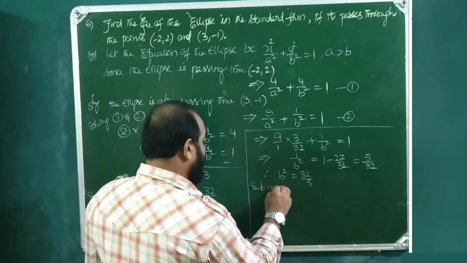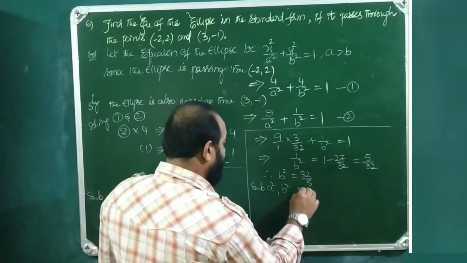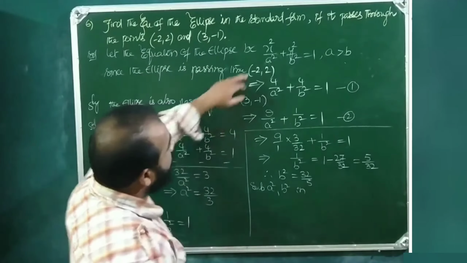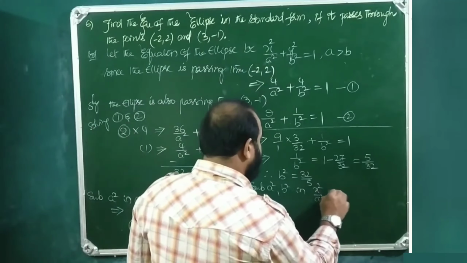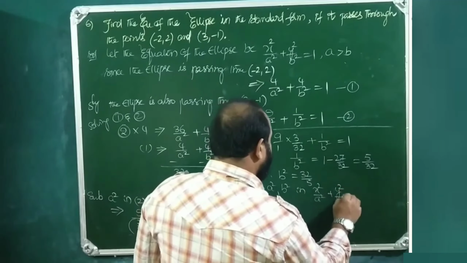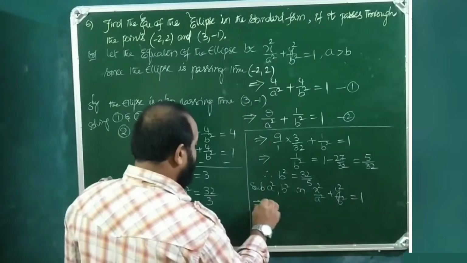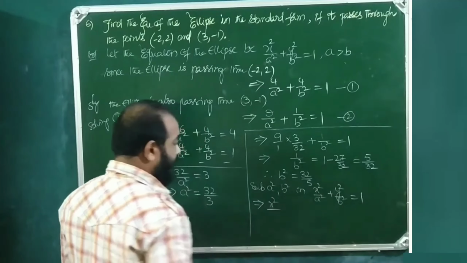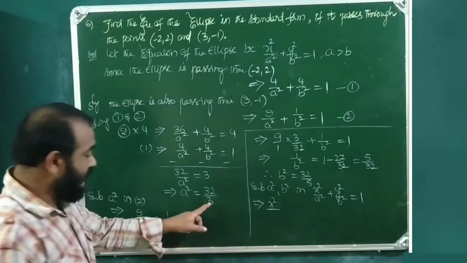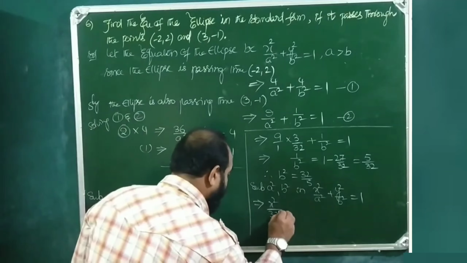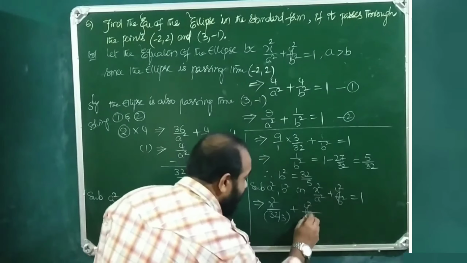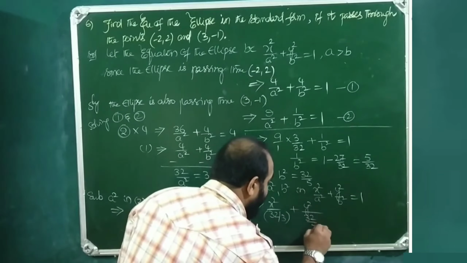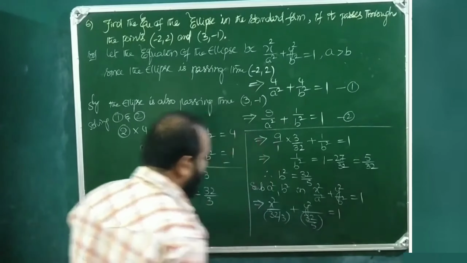Substituting a square, b square in the ellipse x square by a square plus y square by b square equals to 1, we will get x square by the value of a square, 32 by 3, plus y square by 32 by 5 is equals to 1.